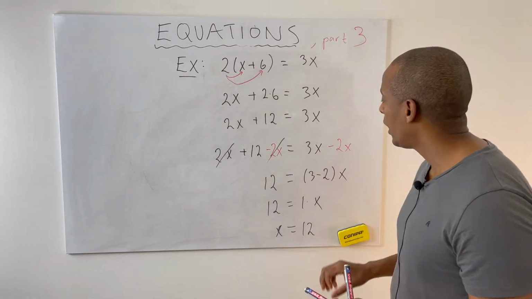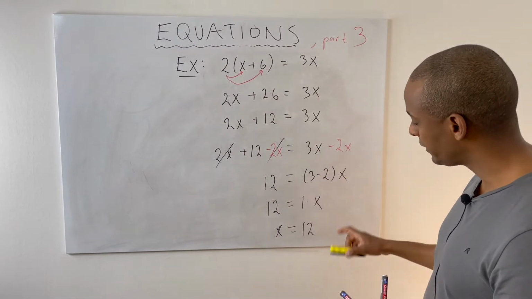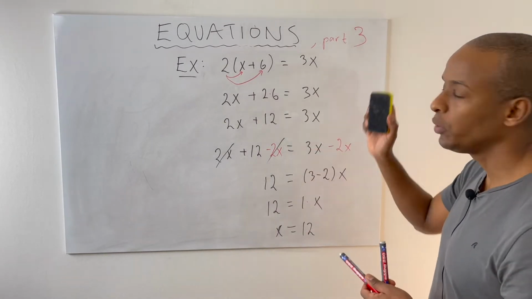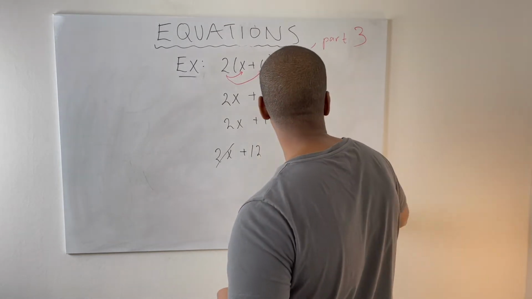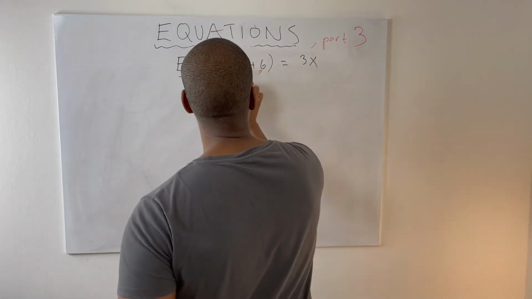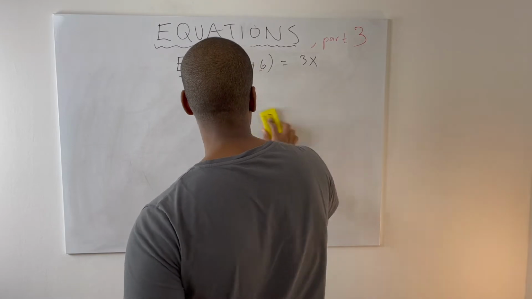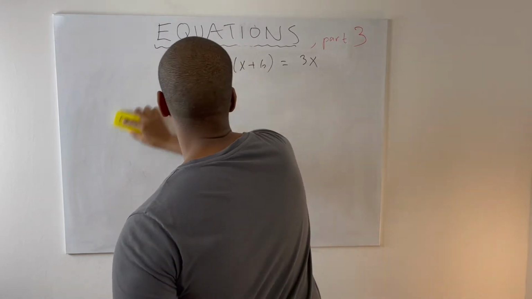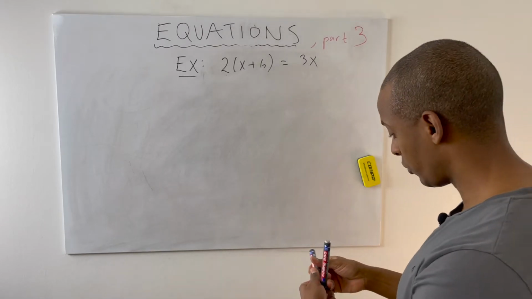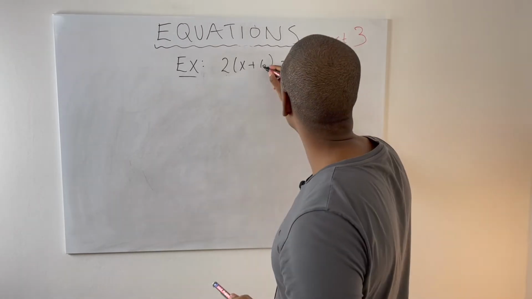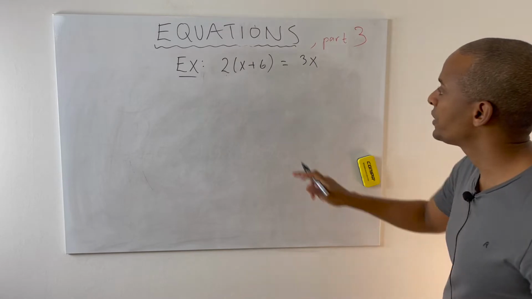So now I want to show you why this is the easier way by doing it the other way, the hard way. Let's also do it the hard way, just to understand. Like a lot of students, what they would do is this. They will see that 2 there, right?